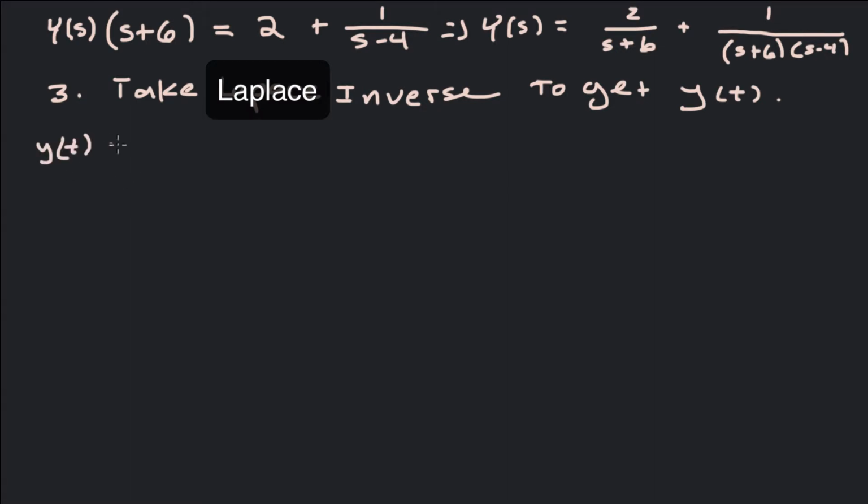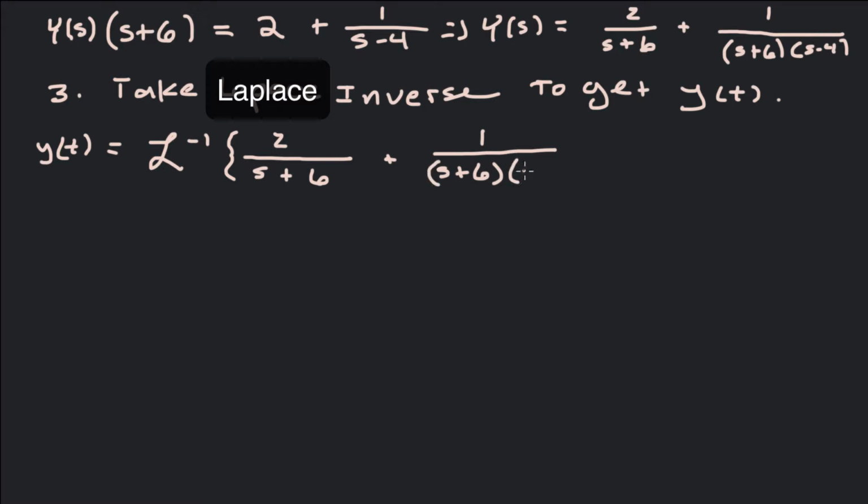So y of t is going to equal the Laplace inverse of 2 over s plus 6 plus 1 over (s plus 6)(s minus 4). The first one is pretty easy to take the inverse transform of. The first one is just going to be 2 e to the negative 6t.